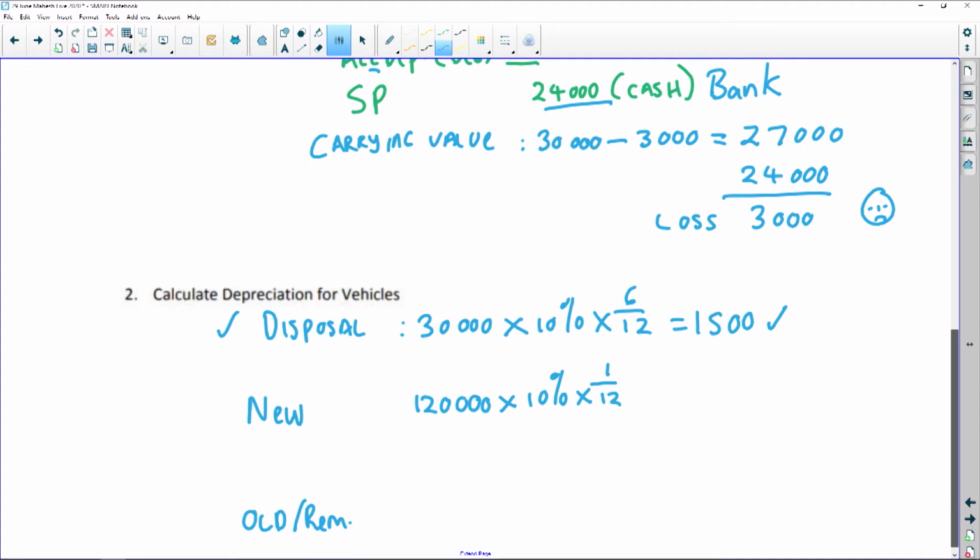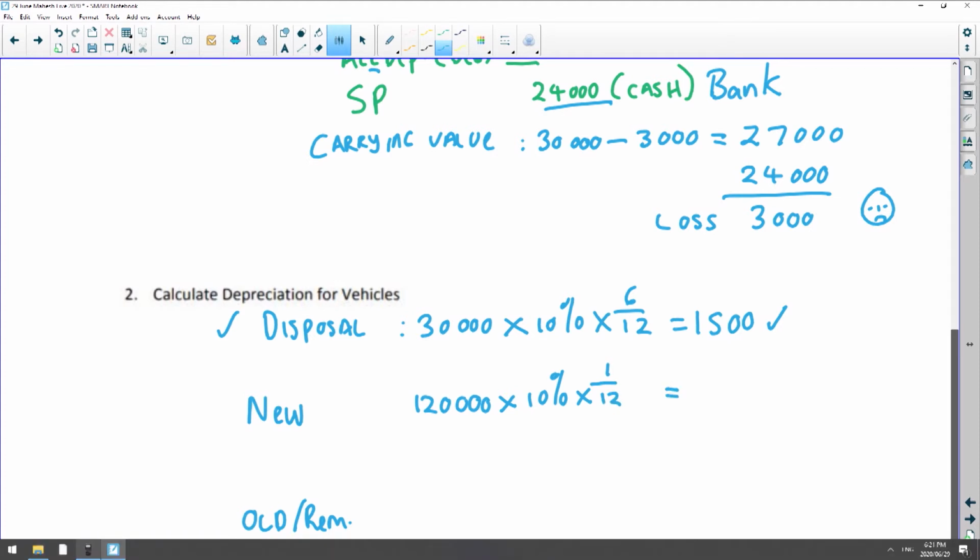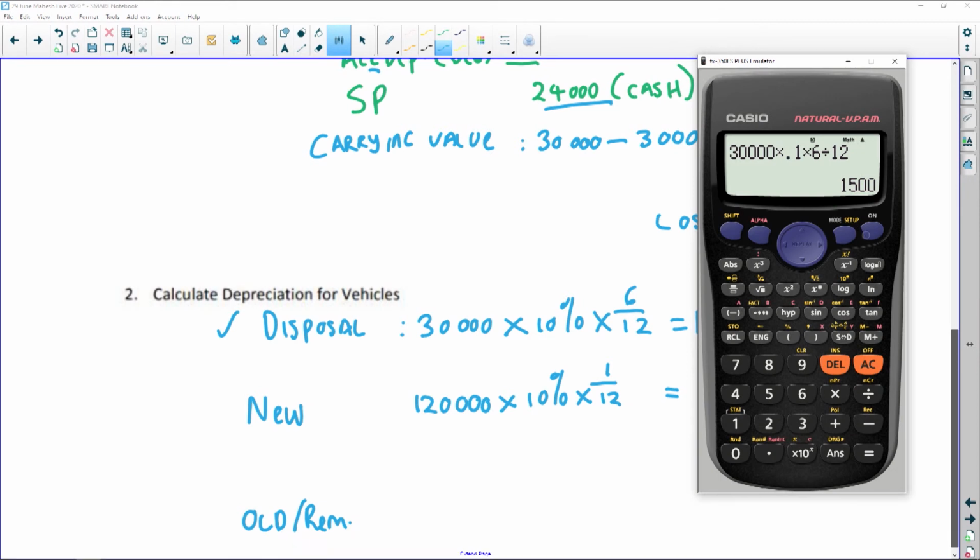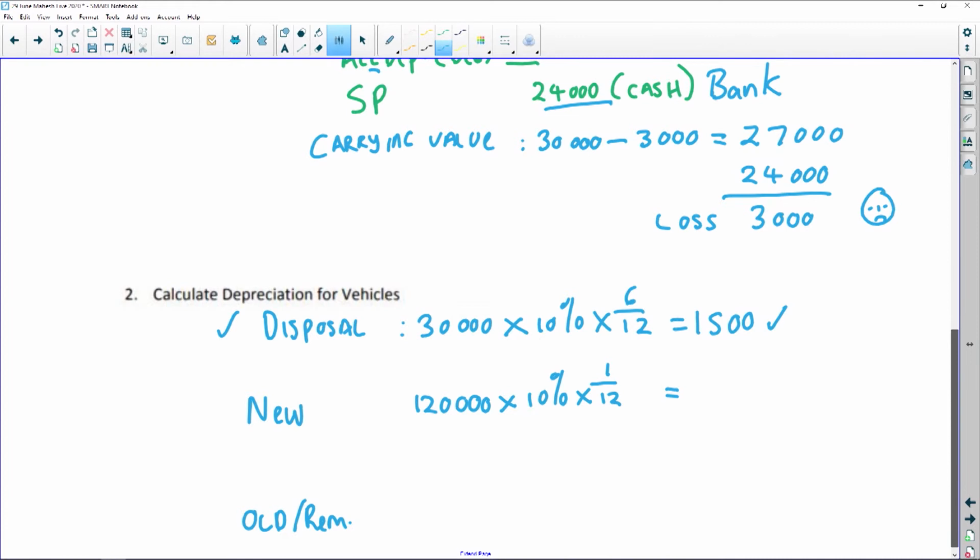So 1 over 12. Okay, it should give me 1,000, but let's quickly get the calculator out. So 120,000 times 10%, okay, divided by 12 and times 1. So obviously my depreciation on new is 1,000. Okay, so as you can see guys, not difficult.